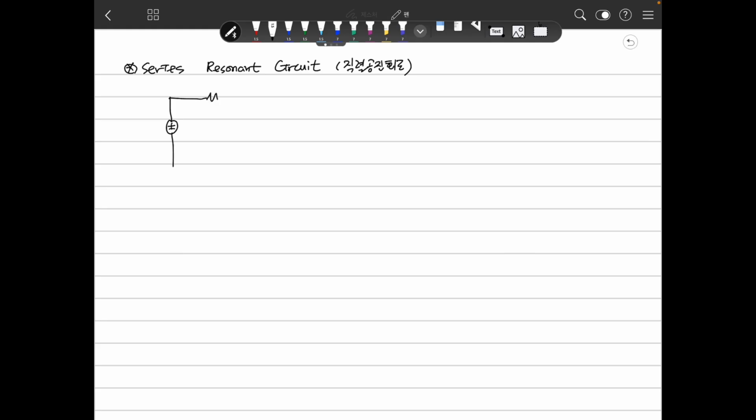So plus minus, this is R and L and C we get here. R, L, C. Then we have Z as a series connection of RLC. So R plus J omega L plus 1 over J omega C. There will be R plus J times (omega L minus 1 over omega C).